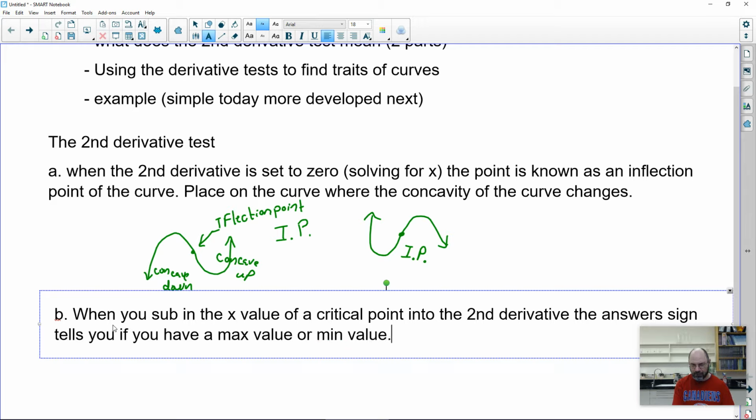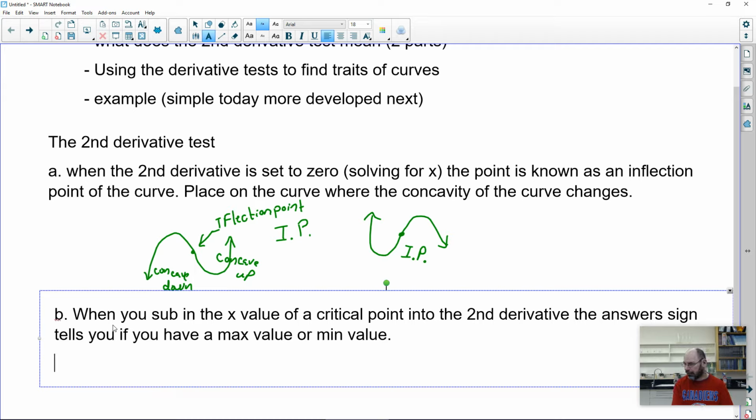Okay, and it's kind of opposite of what you think. If the second derivative is positive, the critical point is a minimum.